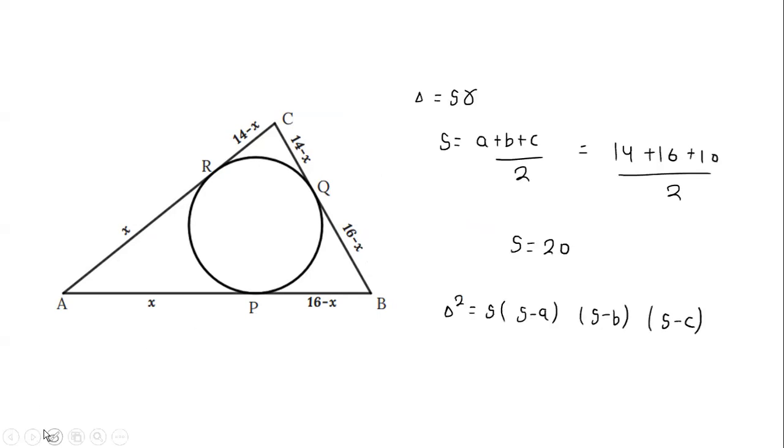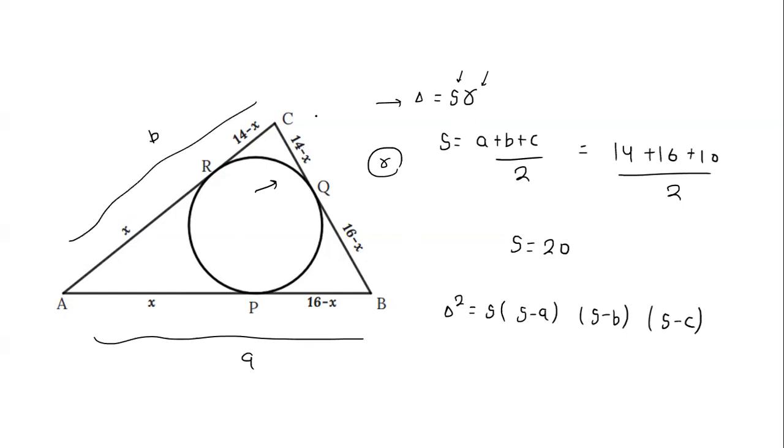So now we know the value of x, and let's assume the small r is the radius of the incircle. Then we know this property: the area of the triangle is equal to the semi-perimeter multiplied by the radius of the incircle. Let's assume one side is a, one side is b, and one side is c.